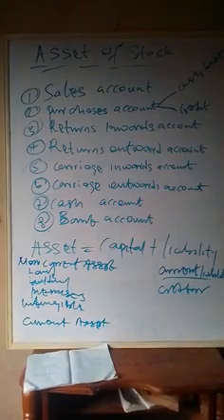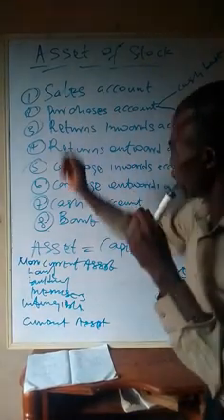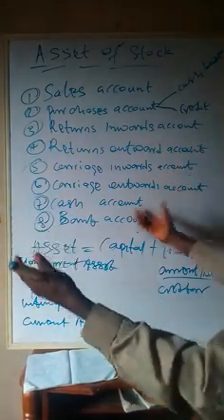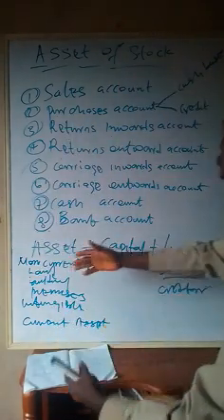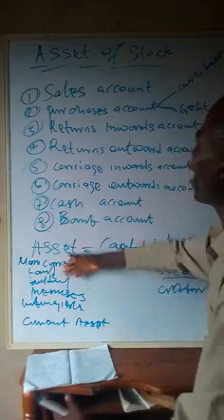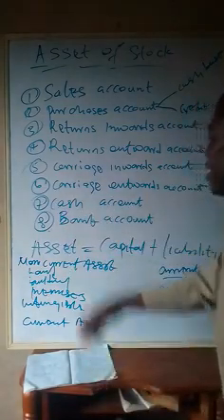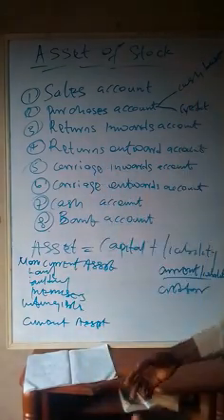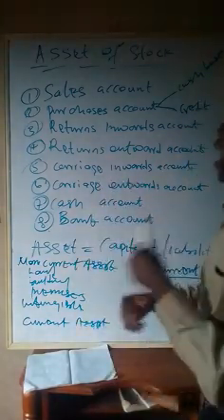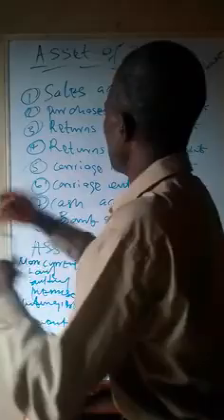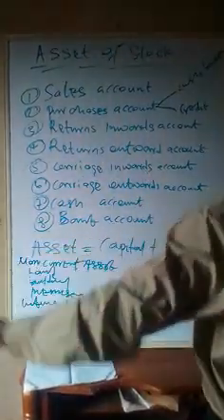What am I saying? If you talk about assets, you have land, building. Why are they not assets of stock? All these are non-current assets: land, building, premises, equipment, motor vehicle. These are assets that bring cash inflow into the business over more than 1 year.